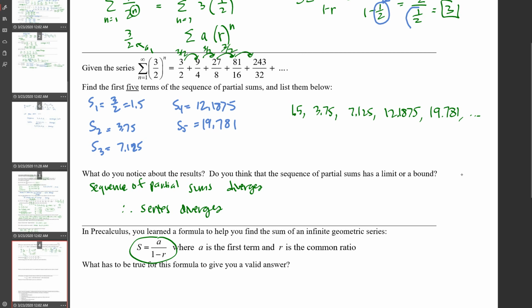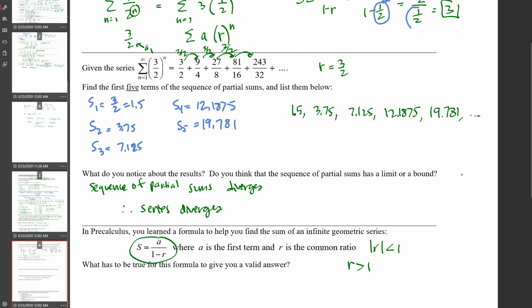So the common ratio is equal to 3 halves. Is the absolute value of this less than 1? Because that's the only time you can use this formula. No, this is actually greater than 1. So because r is greater than 1, we cannot use this formula.